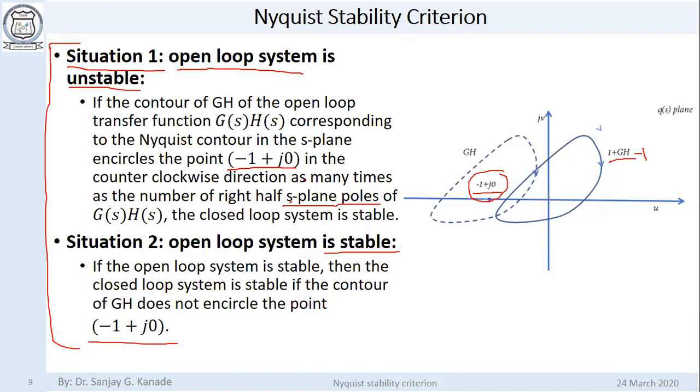In that case, if there are two poles, then the encirclement should be twice. If there is one pole, the encirclement should be once. And if there are no poles on the right hand side, meaning the open loop system is stable, then the point minus 1 j0 should not be encircled by the Nyquist plot. So this is how you will have to tackle this problem of Nyquist stability.